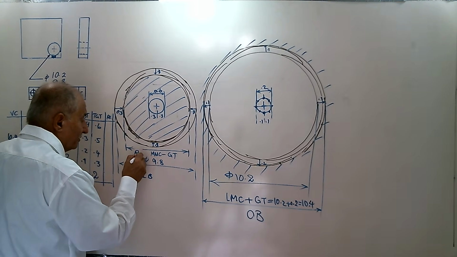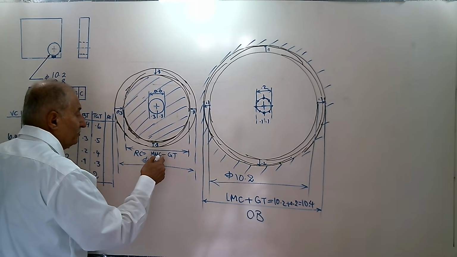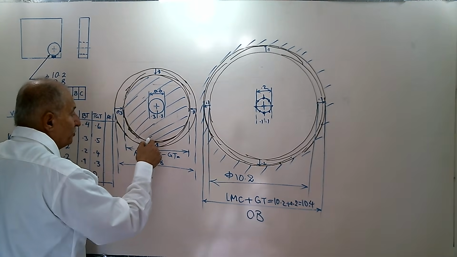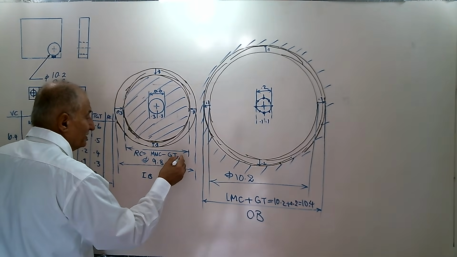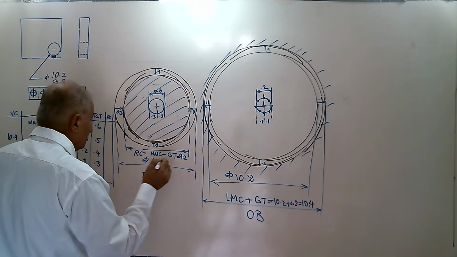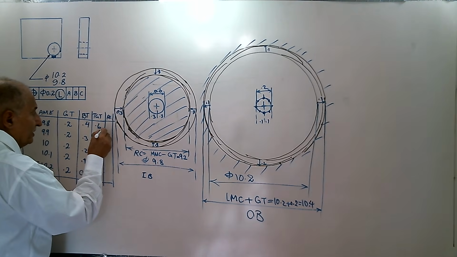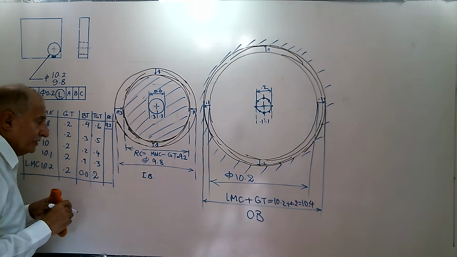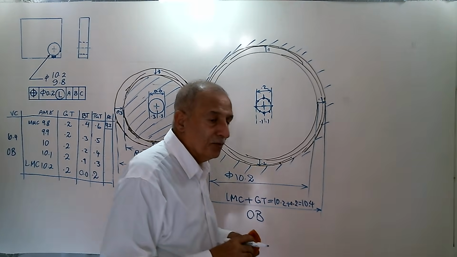What is the resultant condition? MMC minus GT, which is equal to what? It is equal to 9.8 minus 0.6, 9.2. Then for RC here, we have 9.2, which coincides with the inner boundary.